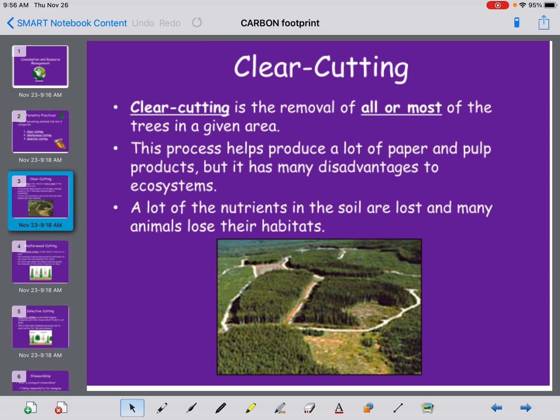So what can happen after clear cutting, after all of the trees are gone and the habitats have been destroyed, is the soil over time becomes poorer quality than it was before. There are not as many nutrients being returned to the soil, and you have soil erosion happening as well.